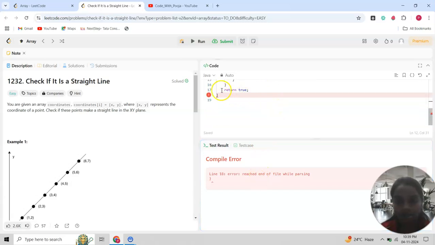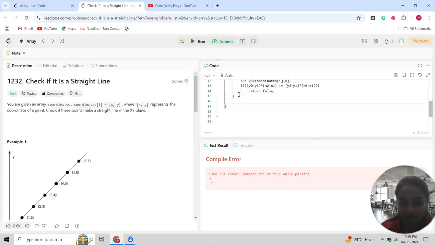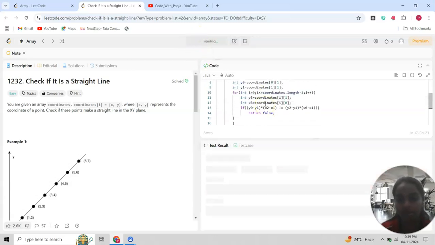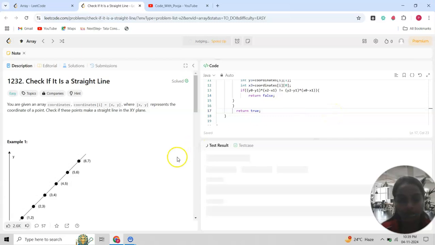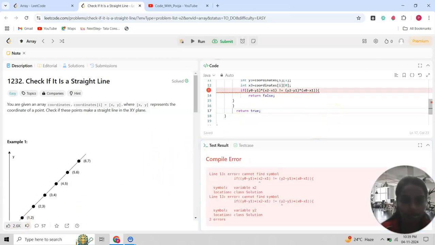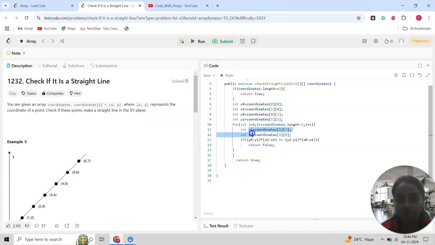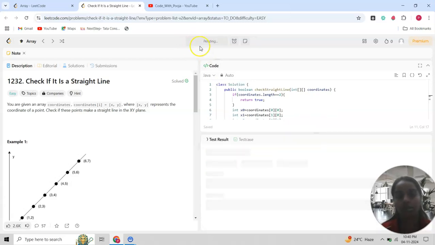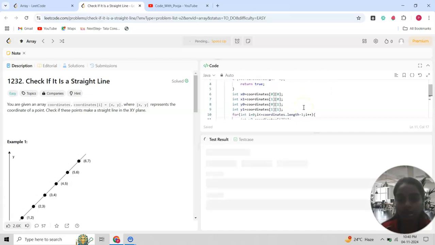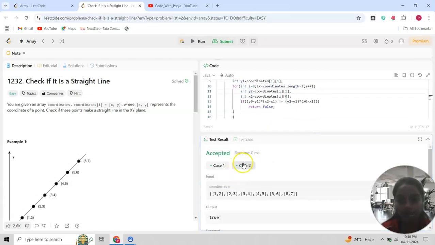Wait guys, I just put a wrong variable name, it should be x2 and y2, I had put x3 and y3. On correcting this, I'm ready to run the code again. Yeah, both test cases are accepted and now ready to submit the code.